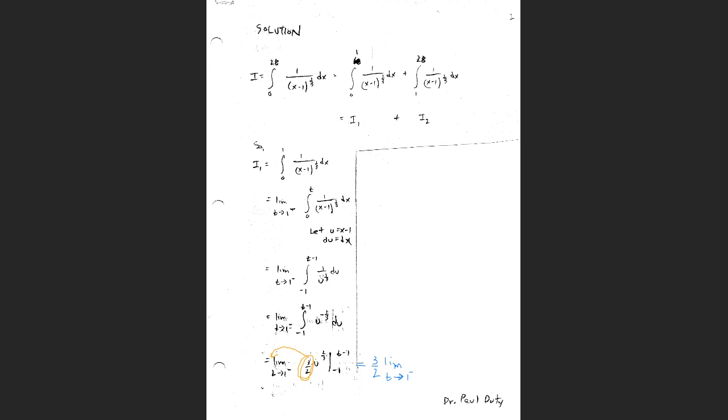So the 3 halves gets brought out in front of the limit. And so this is what we have.